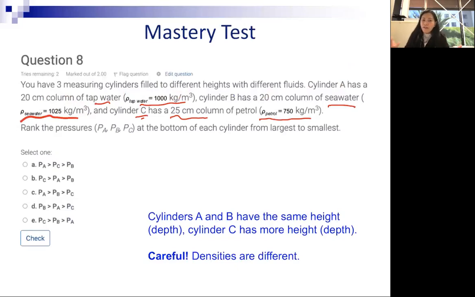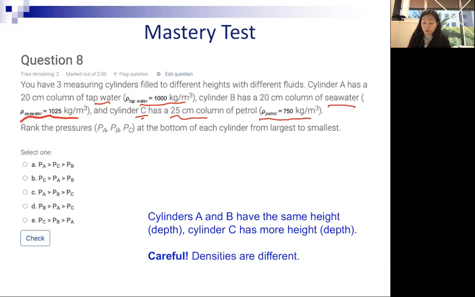So be careful in answering such types of questions. You're being asked to rank the pressure at the bottom of each cylinder. So essentially, you're being asked to rank the pressure at the same depth, all of them at the bottom. Be careful to consider both the densities and the heights of the liquid above.